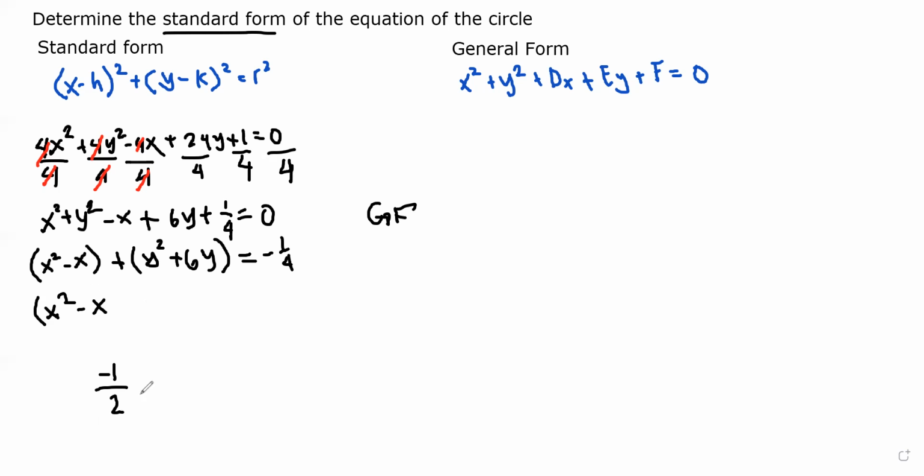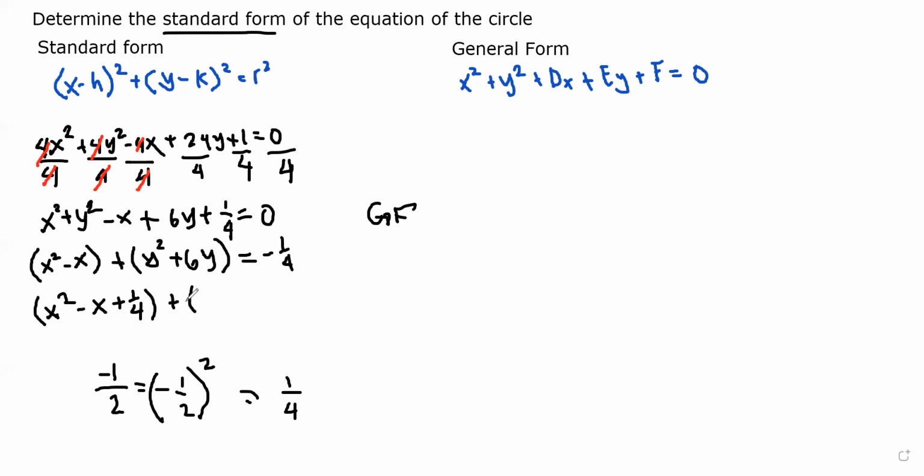The quotient is negative 1/2. Negative 1 divided by 2 is negative 1/2. And then square the quotient, and that is positive 1/4. That would be the third term. So plus 1/4.